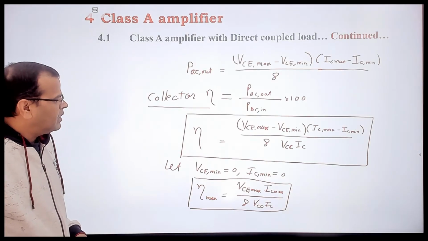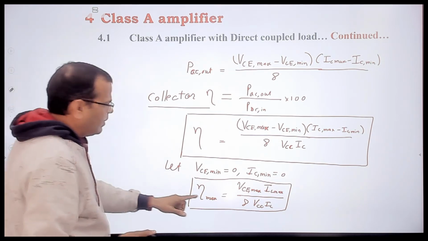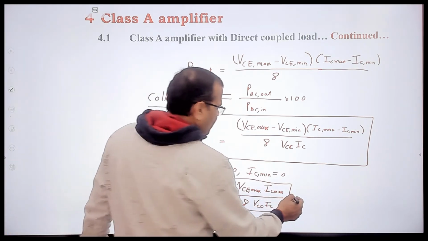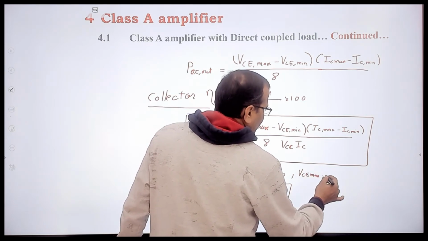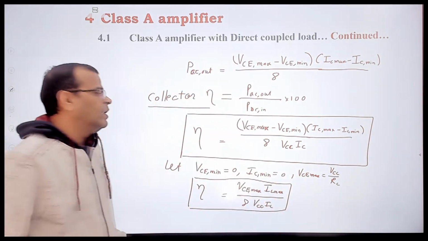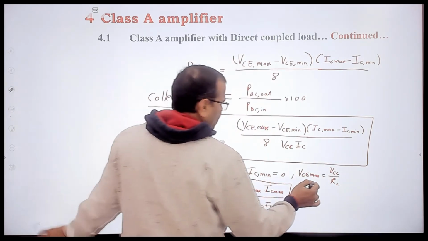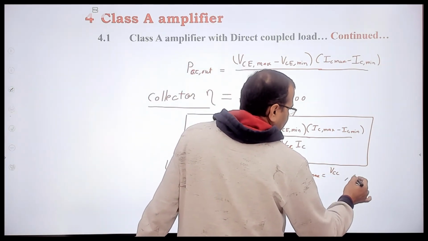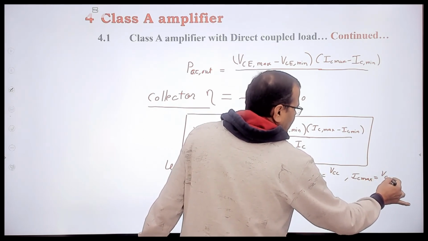So rather than writing it as maximum here itself, I can further evaluate it. The maximum possible value of V_CE is V_CC, and the maximum possible value of the collector current is V_CC upon R_C.